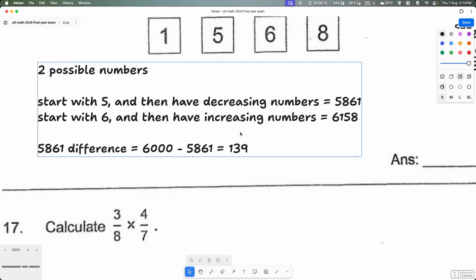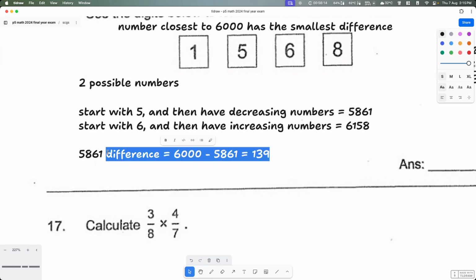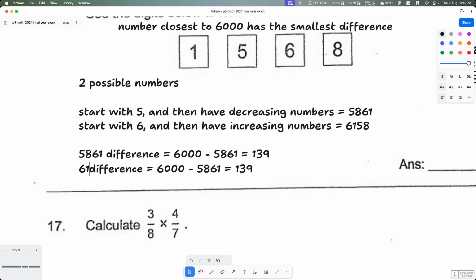What about the 6158 difference? Same thing: 6,158 minus 6,000 is 158.